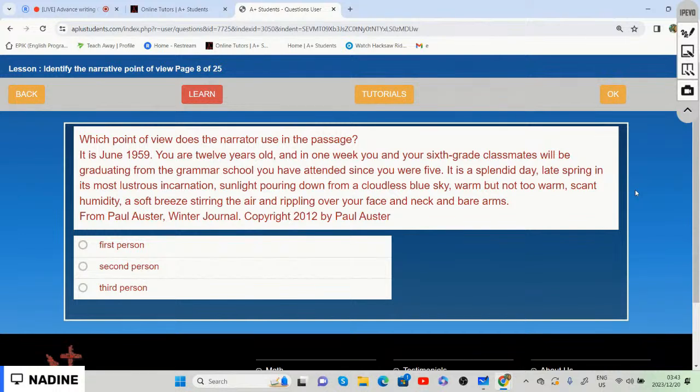And it is a splendid day, late spring in its most lustrous incarnation. Sunlight pouring from the cloudless blue sky, warm but not too warm, scant humidity, a soft breeze stirring the air and rippling over your face and neck and bare arms.